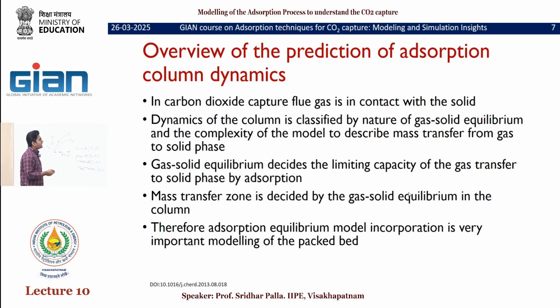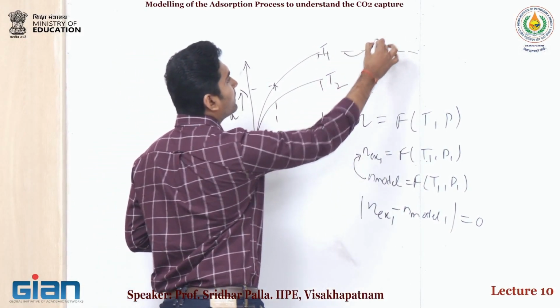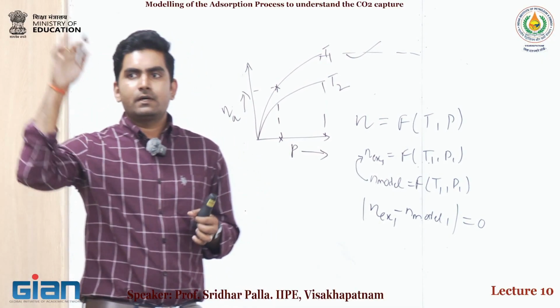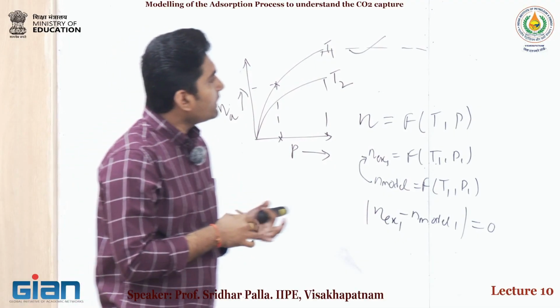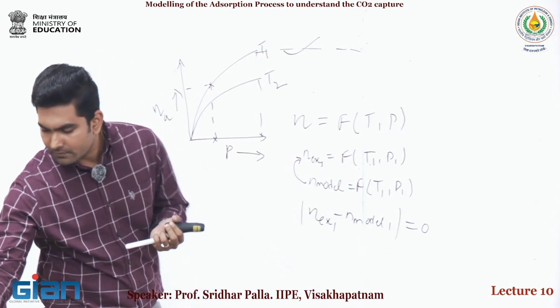So, what does the gas solid equilibrium decide? It decides the limiting capacity. If you remember the type 1 isotherm, it would saturate at one point. That capacity limit we will understand from the gas solid equilibrium. Our adsorption isotherm will tell what is the limiting point, what is the capacity. And the mass transfer zone is also decided by the gas solid equilibrium.